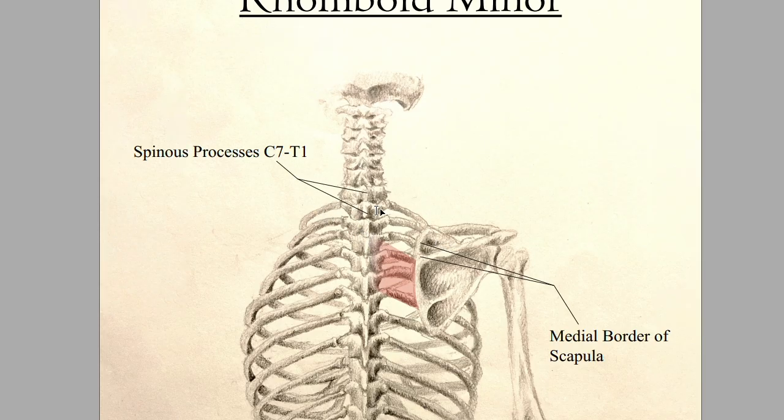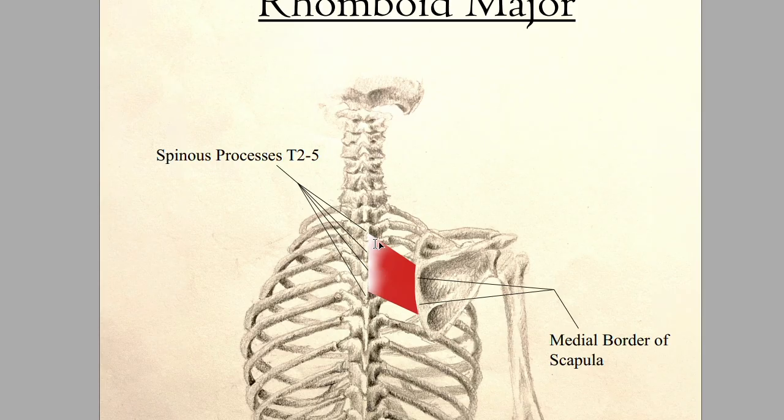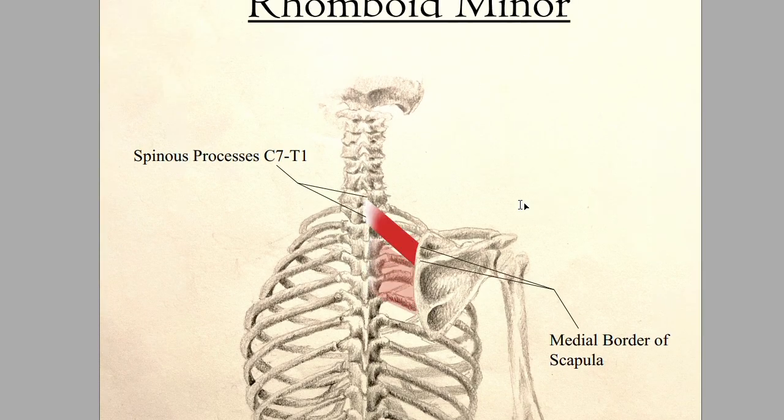And the way I usually remember this when I was studying this as a student is that the rhomboid minor was essentially attaching to the last cervical vertebra and the first thoracic vertebra. Okay, and then the rhomboid major was attaching to the other four, the adjacent four from there. Okay, now one thing I want to point out, so let's fill that in. Boom, right there. That's the rhomboid minor with the rhomboid major ghosted out for us a little bit.